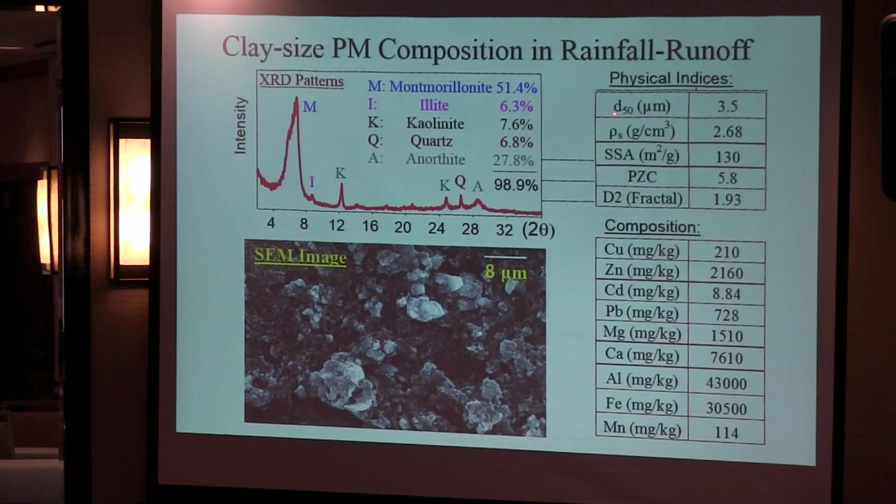Physical indices for these particles: the D50 of the clay size fraction is about 3.5 microns, a density of about 2.68, a specific surface of 130 meters squared per gram, a point of zero charge at a pH of 5.8, and a D2 fractal dimension of about 1.93. So again, these all indicate that these particles can be relatively reactive particles for adsorption as well as desorption.